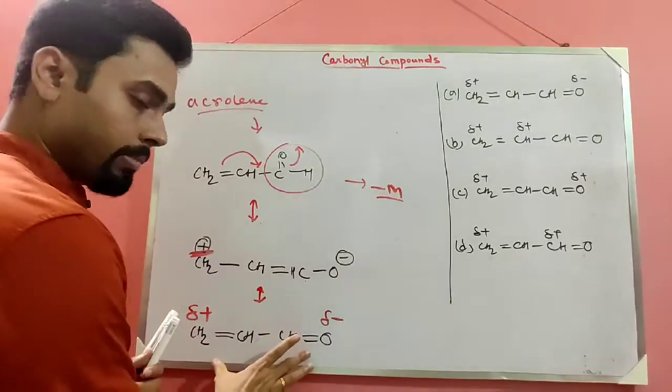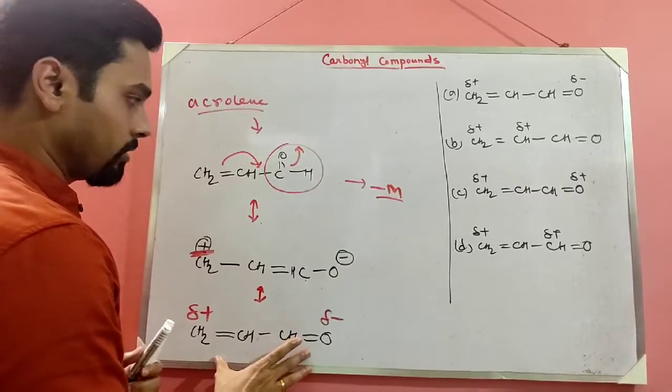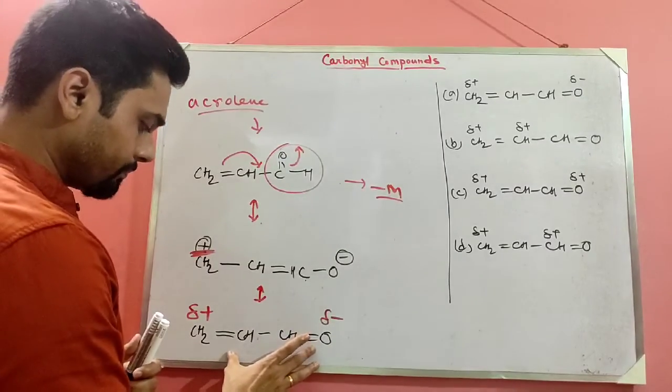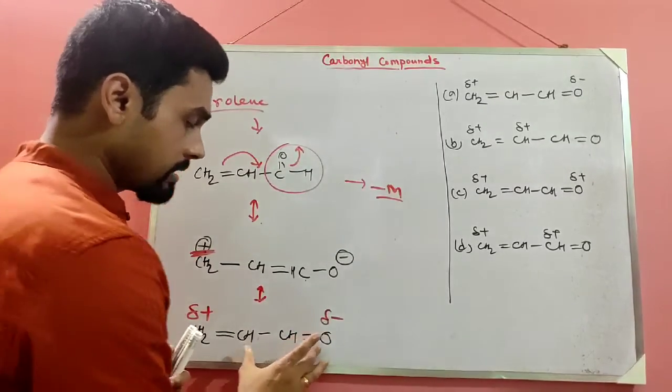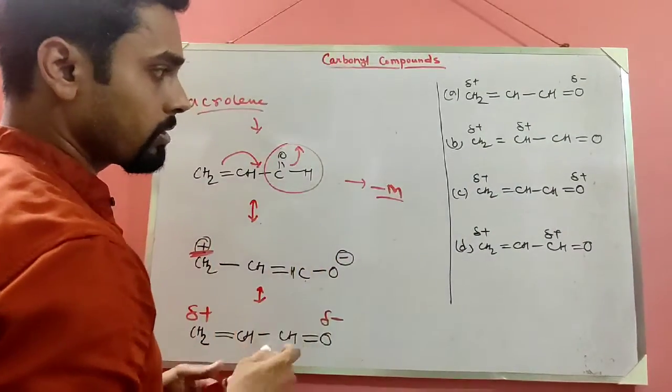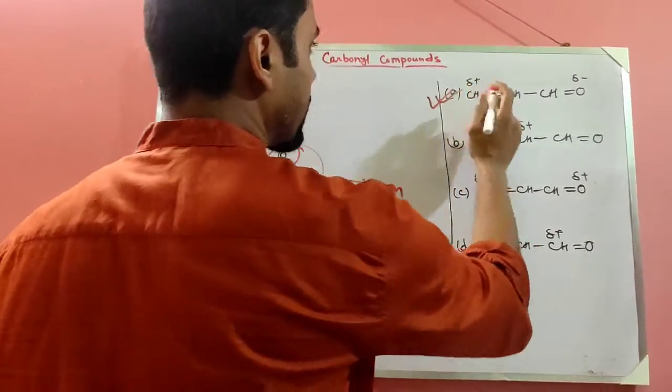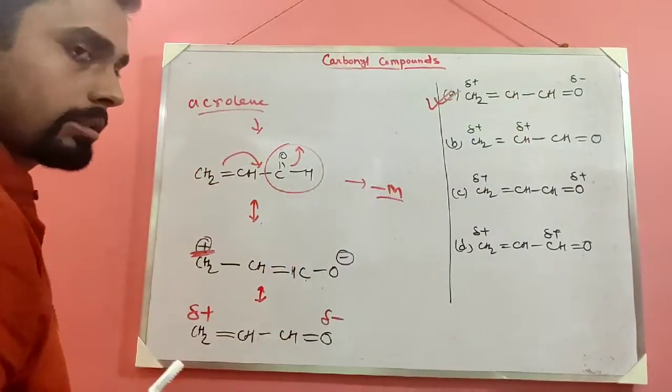So this is the partially charged structure of acrolein. This compound is similar to which of the compounds? You see, option A. So this is the answer.